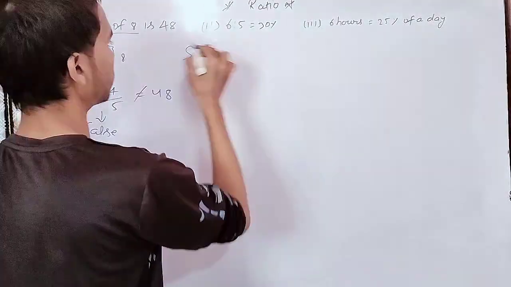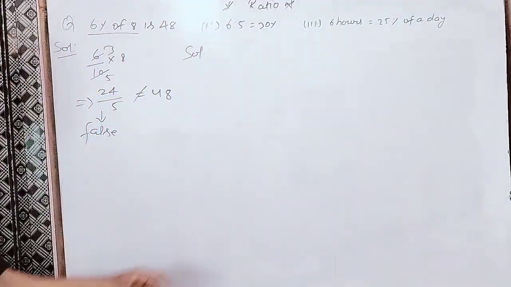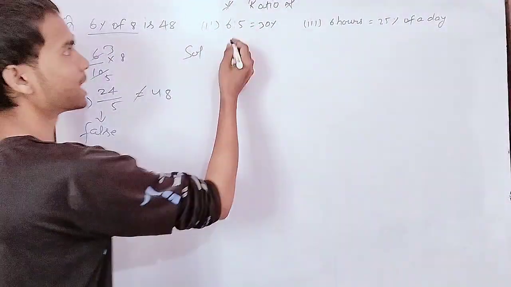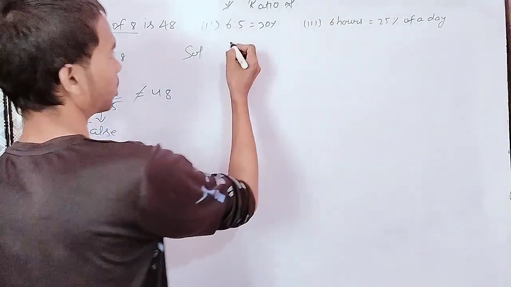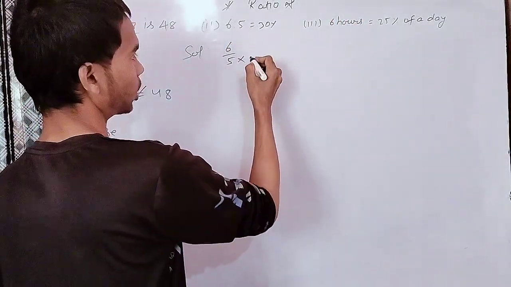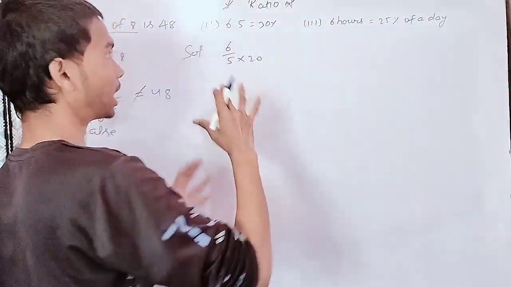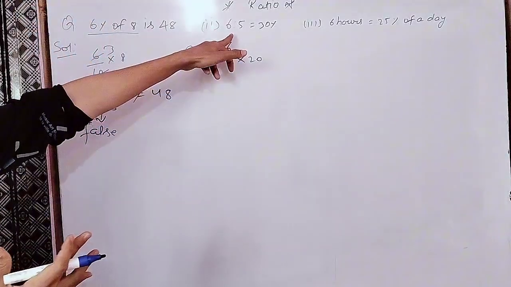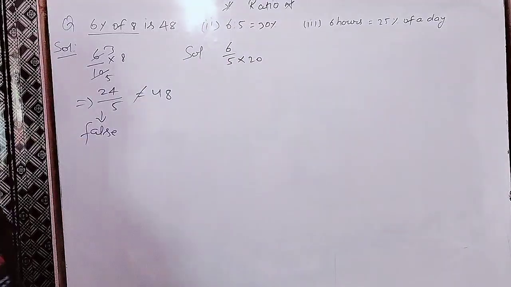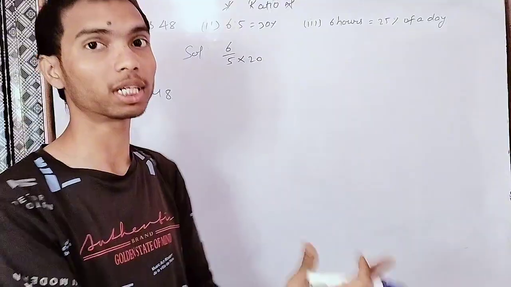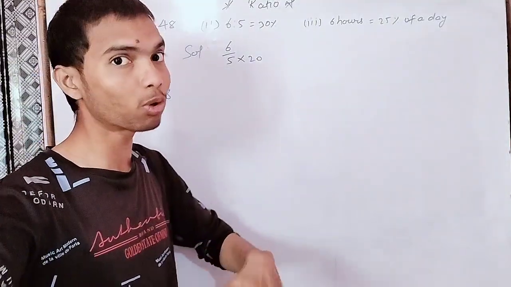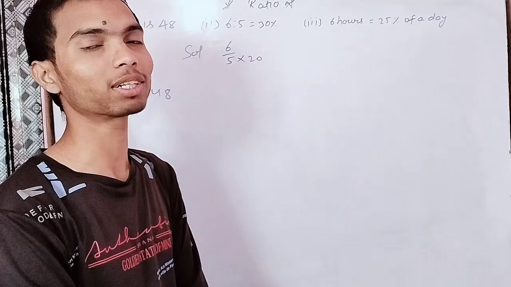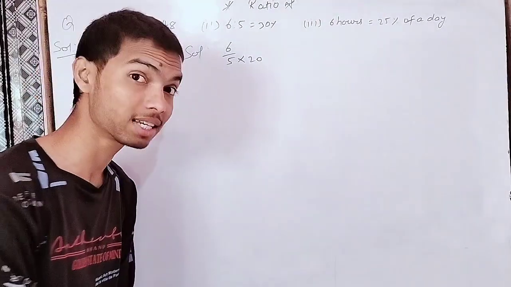Now the next one. 6 is to 5 should be equal to 30%. We are going to convert this given ratio into a percentage, which should be equal to 30%. If this is not equal to 30%, then we can say this given statement is incorrect.